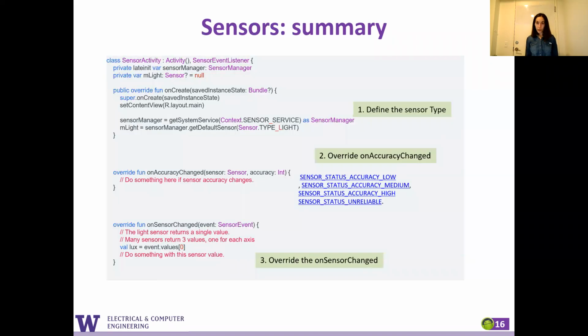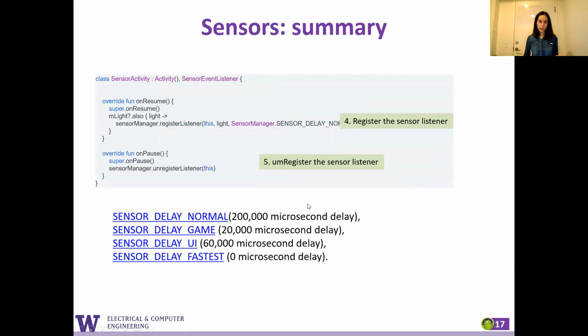And now a summary of the sensors from last week, because it's also needed for the assignment starting this week. I think I didn't mention this, but when you register the listener, you can specify with a float the specific delay, that is, how often you want to get a reading from the sensor.